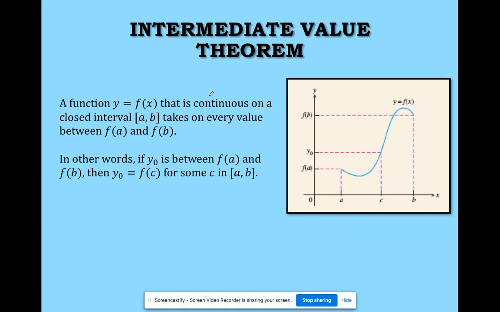As long as you are continuous, and I don't have to be continuous everywhere, I just have to be continuous on some closed interval, if I am continuous between a and b, then I am guaranteed that the function takes on every range value between f of a and f of b. And you might say, well, duh.